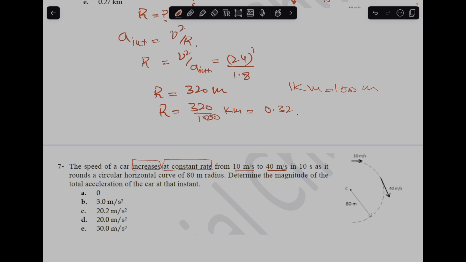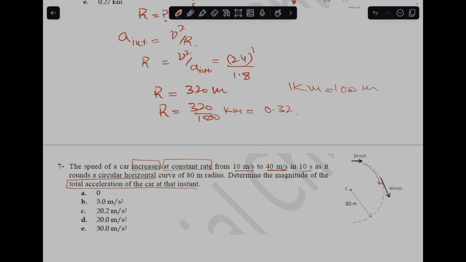Then at time t seconds, it rounds a circular horizontal curve of radius 80 meters. So it has a radius of 80 meters and it's changing its speed, which means this is a non-uniform motion.